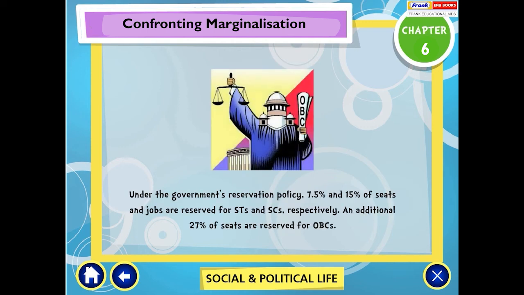Under the government's reservation policy, 7.5% and 15% of seats and jobs are reserved for STs and SCs respectively. An additional 27% of seats are reserved for OBCs.